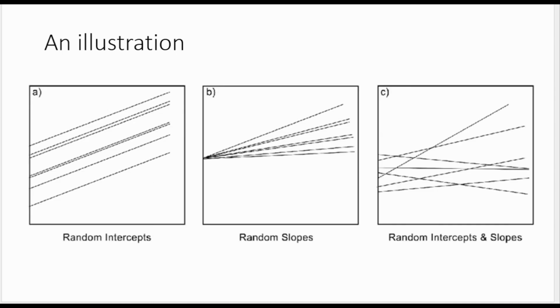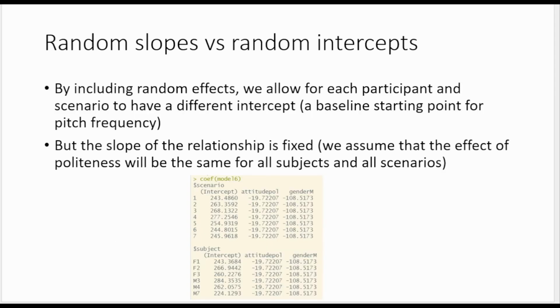So an illustration of random intercepts, right? If we had random intercepts only, for instance, if we go back to this point, we can see all of our slopes are exactly the same, but our intercepts differ slightly.